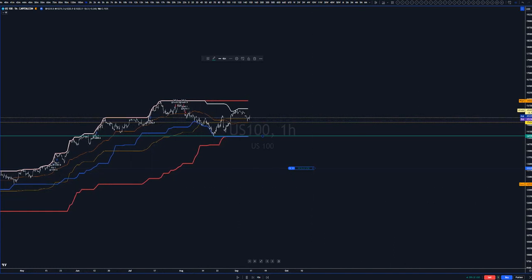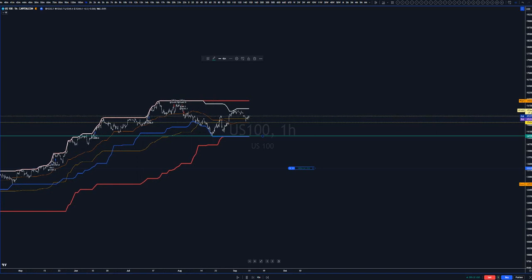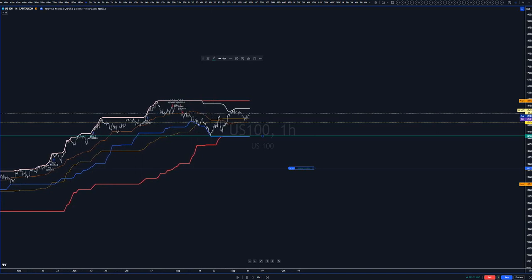So still now the market bias is bullish based on our settings.